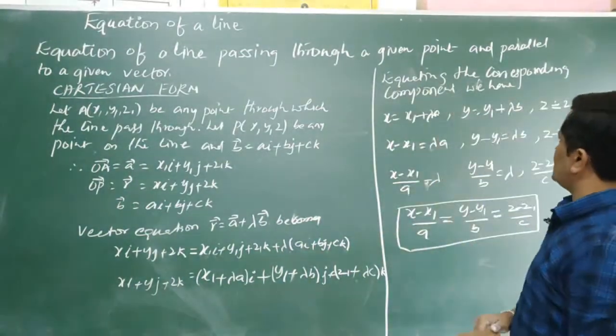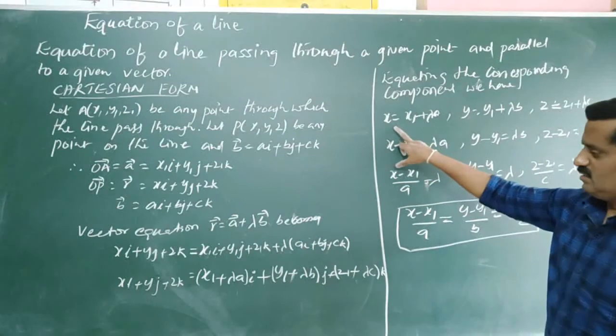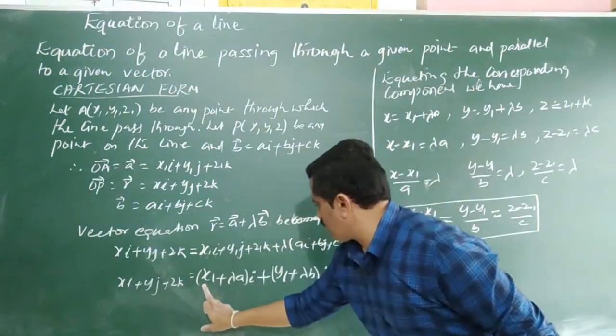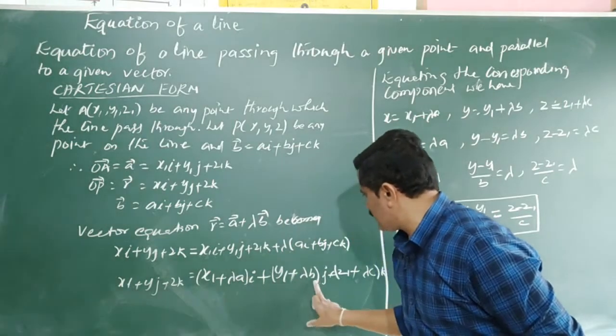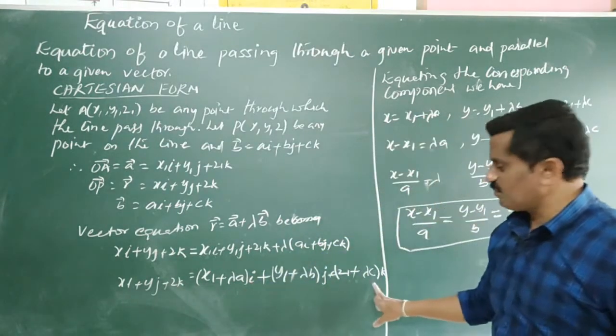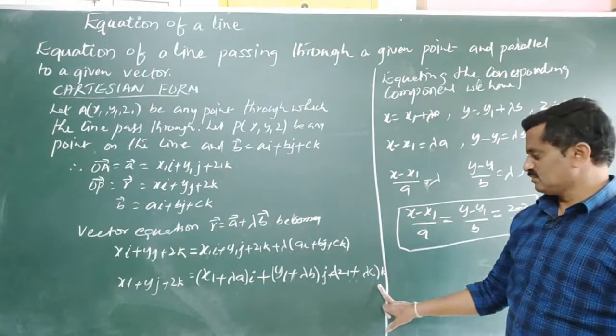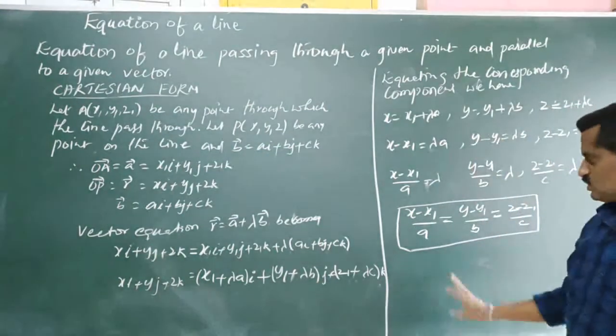So by equating the corresponding components, we have x is equal to x1 plus lambda into a, y is equal to y1 plus lambda into b, z is equal to z1 plus lambda into c. So here this is the equation.